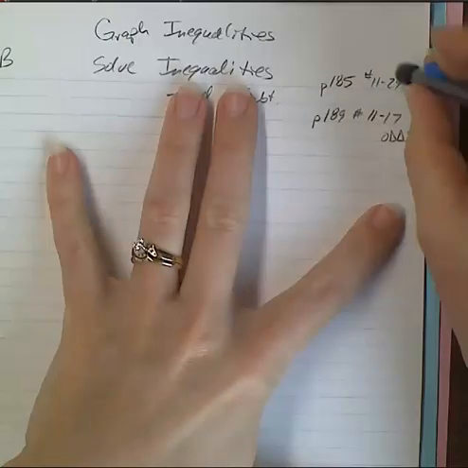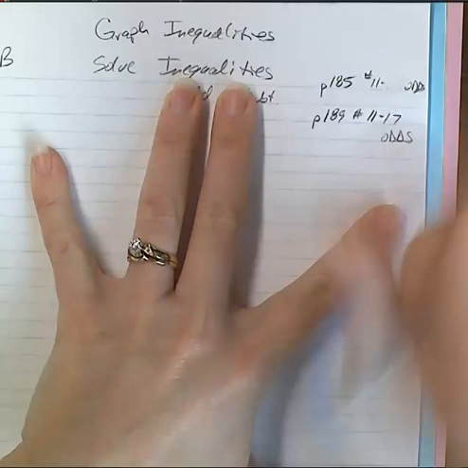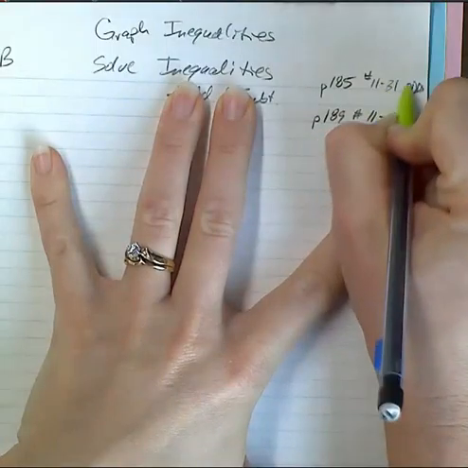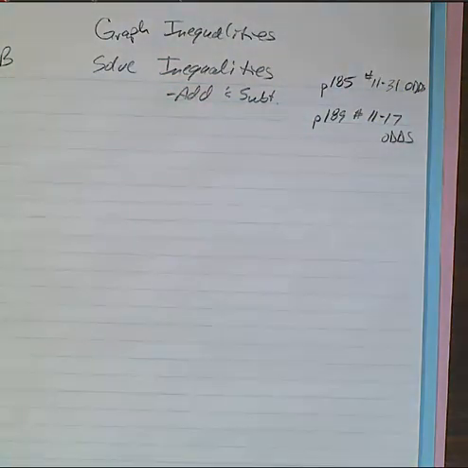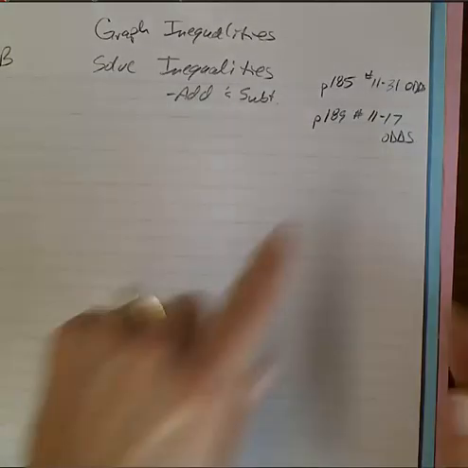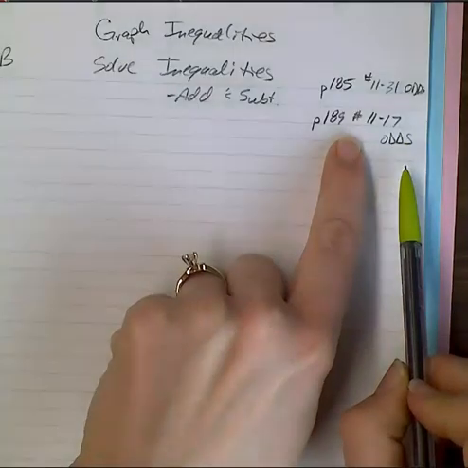I'm sorry, 11 through 31 odds, because I want you to do the can you find their mistake problem. That's my favorite. And then on 189, 11 through 17, the odds.